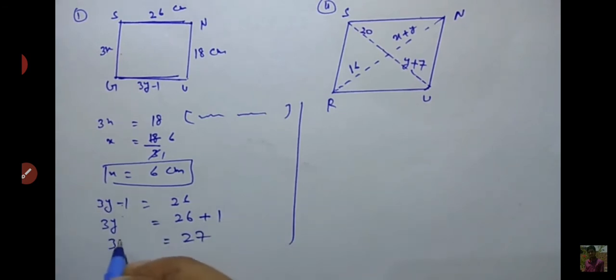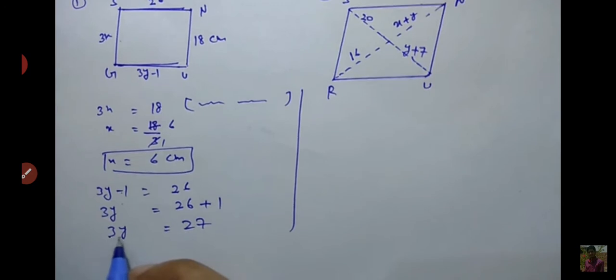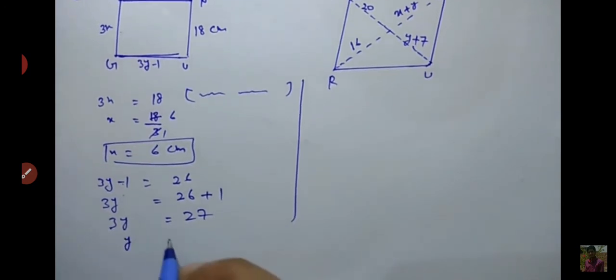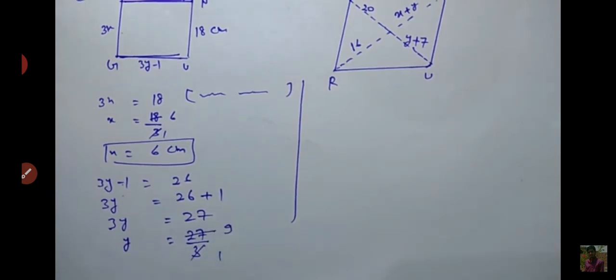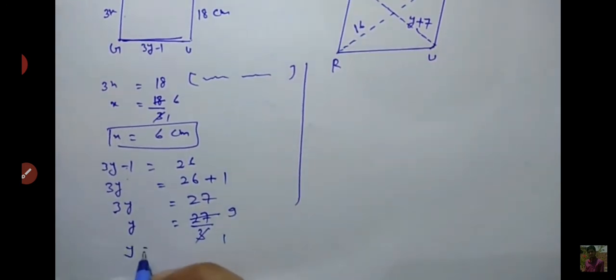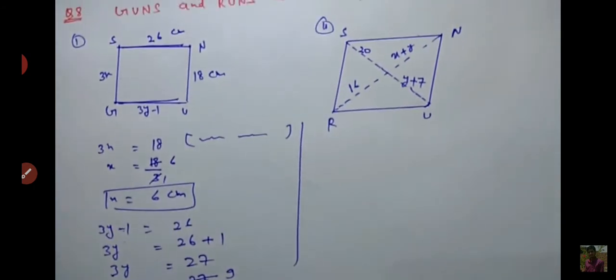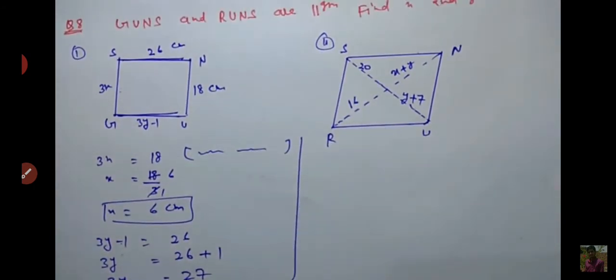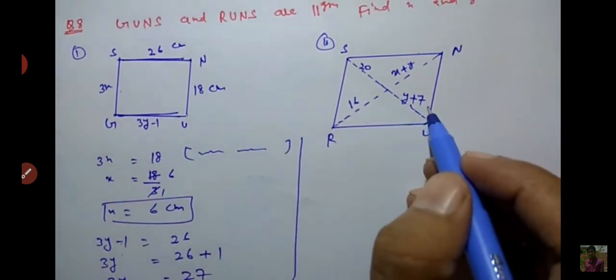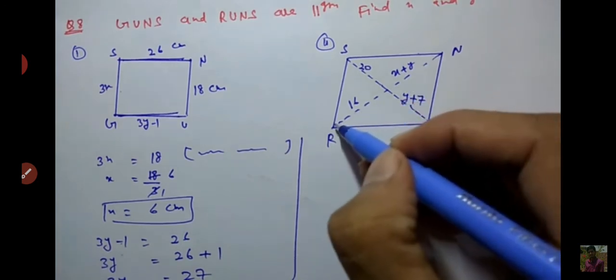So y is equal to 27 upon 3. It becomes 9. Y is equal to 9. So in the first one, y is equal to 9 centimeters. So if you learn the properties of the parallelogram, you can solve this question easily.